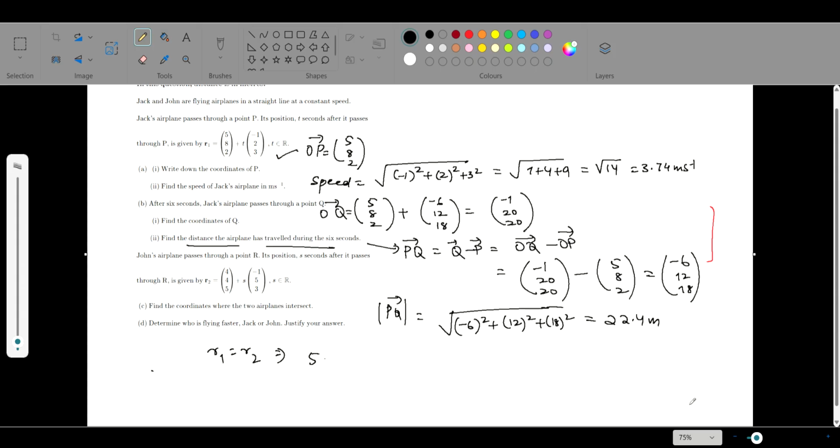X with the X: 5 minus T will equal 4 minus S. 8 plus 2T will equal 4 plus 5 times S. 2 plus 3T equals 5 plus 3S.